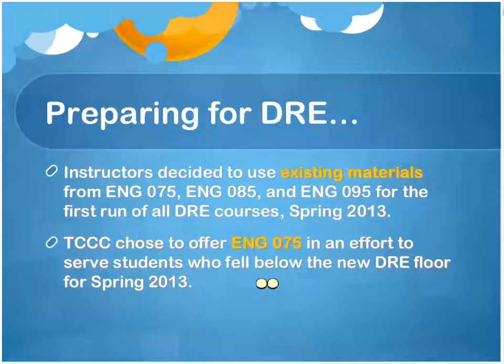Because of some situations that we had with the math and some folks on that bottom floor, we thought, well, we're implementing this, but we want to hold on to 075 just in case we have those folks who are truly not quite there yet, that need a tweaking, and give them the opportunity to take that class and then hopefully move into the DRE sequence more comfortably. However, what we did with 075 was put it in the same format as the other classes, meaning it met 8 weeks rather than 16 weeks.